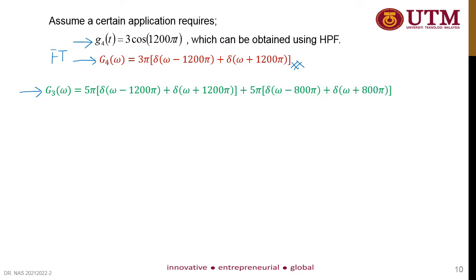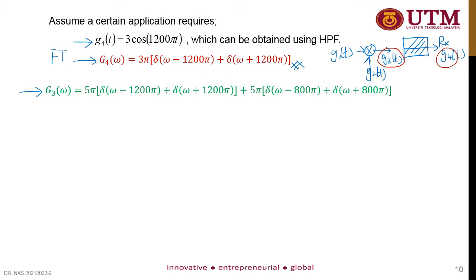Okay, meaning that you have the input G1(t) multiplied with G2(t), it produces G3. However, the end recipient only requires G4, meaning that you need to perform some filtering here to make sure that any unwanted signal at G3 can be removed and only G4 will be received at the end.